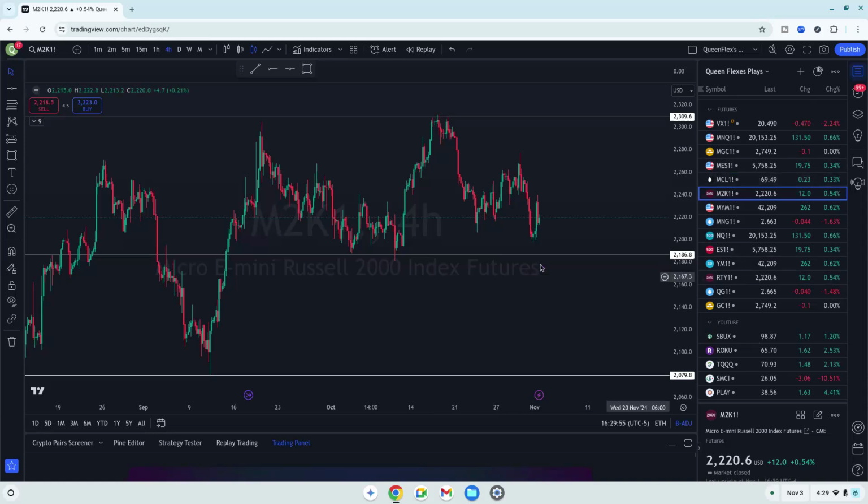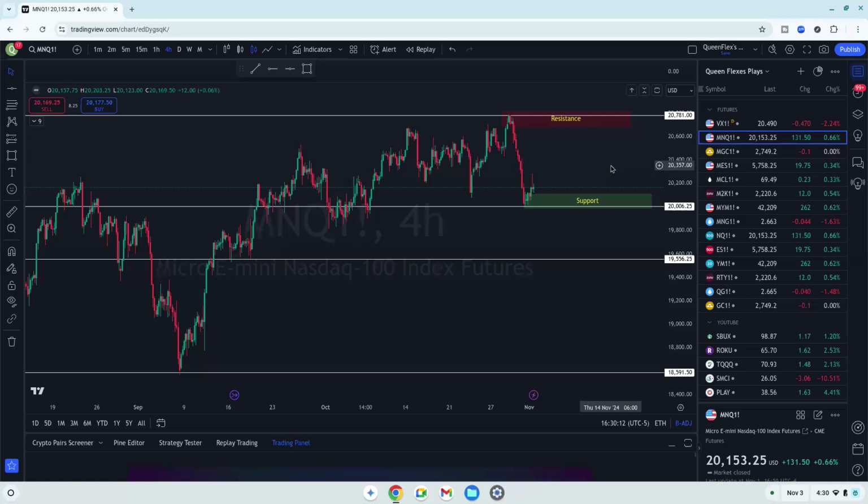All right, so these are the plays. These are the levels, and play what you are seeing, not what you think is going to happen. A lot of these charts, yes, overall they are bullish. Well, this one is bullish, but we don't want to just assume that this is going to stay bullish. So allow it to develop, allow it to form. Then you play what you see.